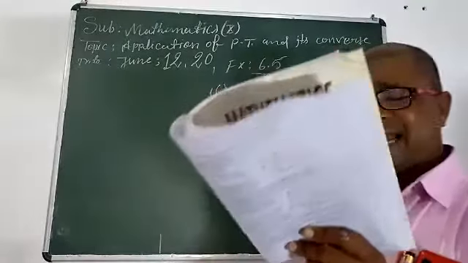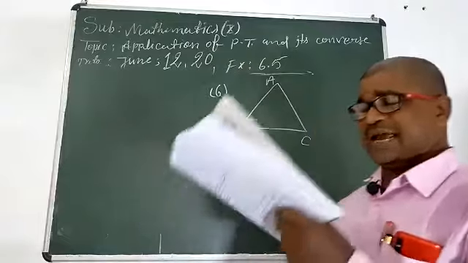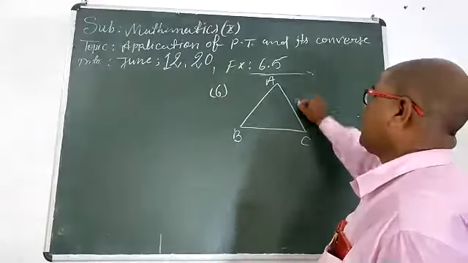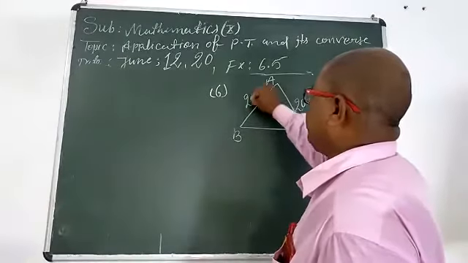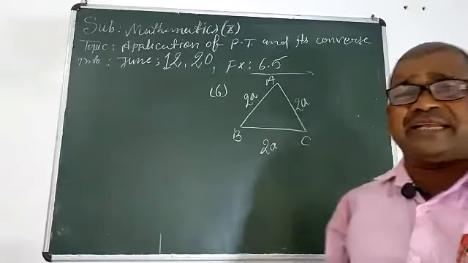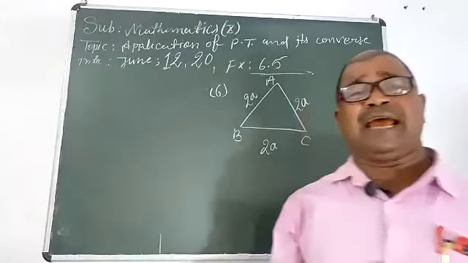ABC is an equilateral triangle of side 2A. It means the measurement of each side in the triangle is 2A.